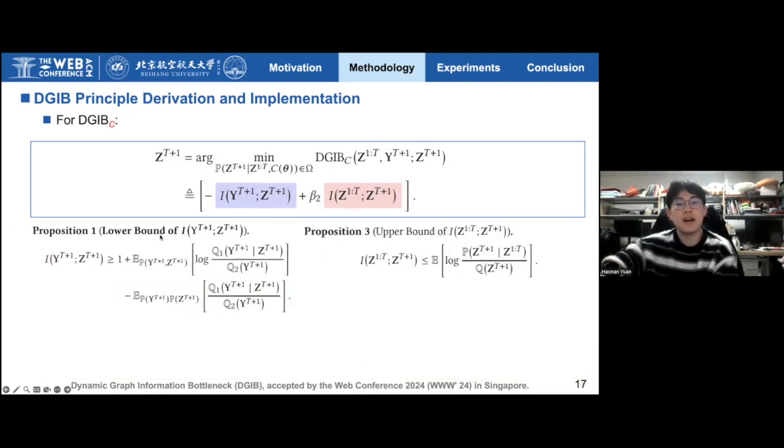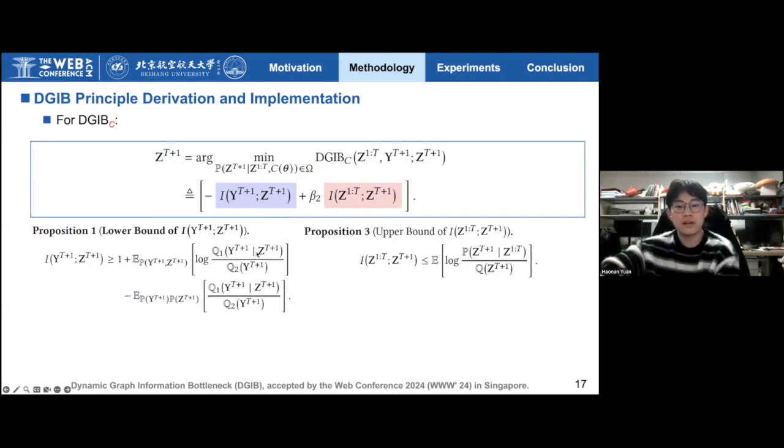Similarly, we define the optimization goals for the DGIB-C channel, and similar to the DGIB-MS channel, the expression structure of this channel is similar to the IB structure, maximizing and minimizing two mutual information items respectively.